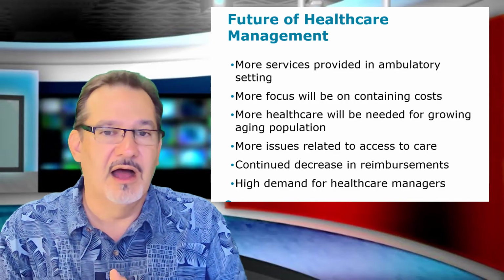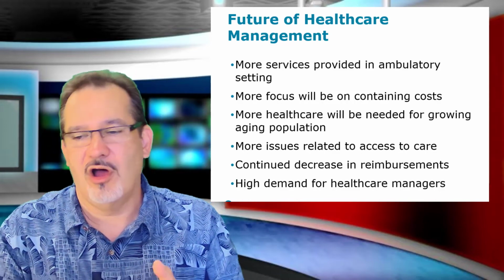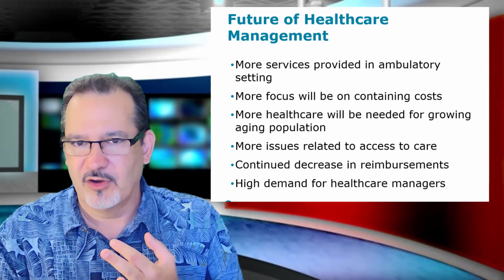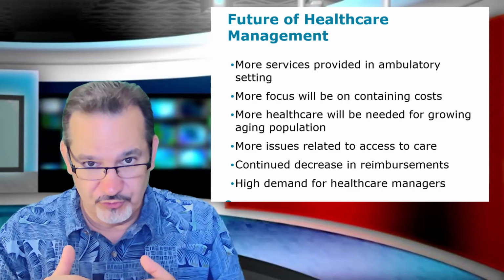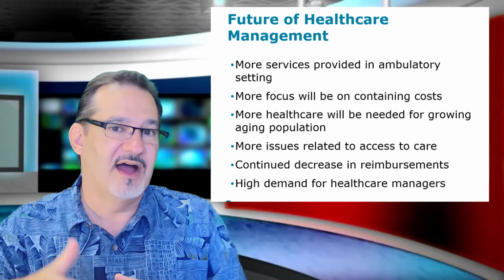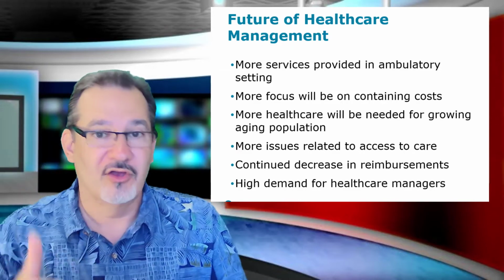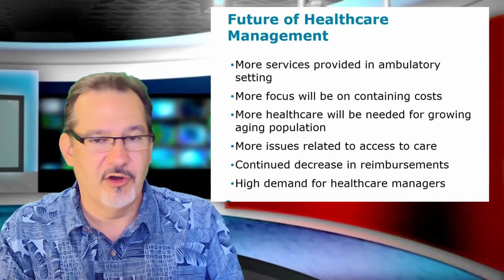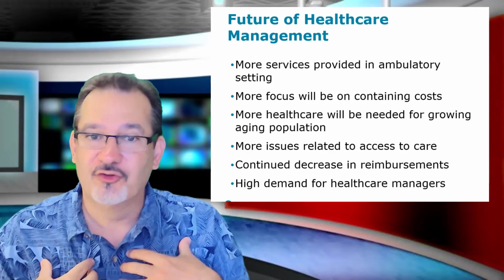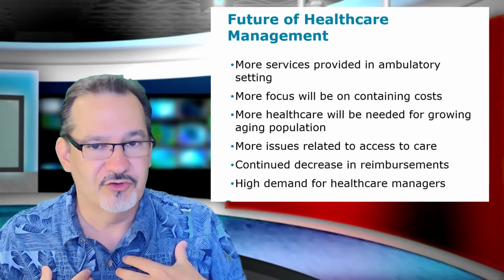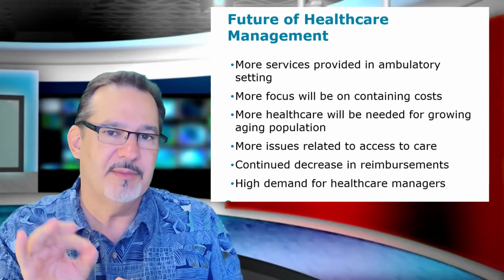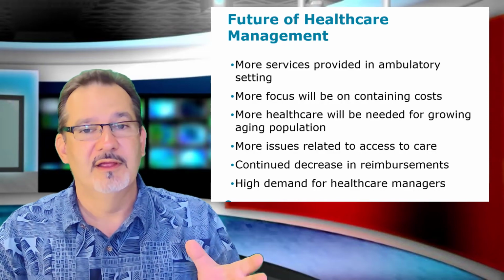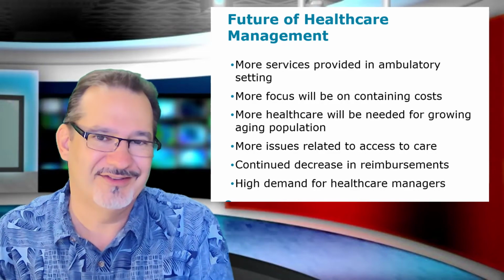Okay. Of course, we're always concerned about cost. That's always going to be an issue. So we're always focused on ways to reduce cost or provide lower cost services. More healthcare needed for the growing aging population. This is why I got into this profession 25 years ago. The majority of the people on this planet right now are baby boomers, those born between 1946 and 1964.